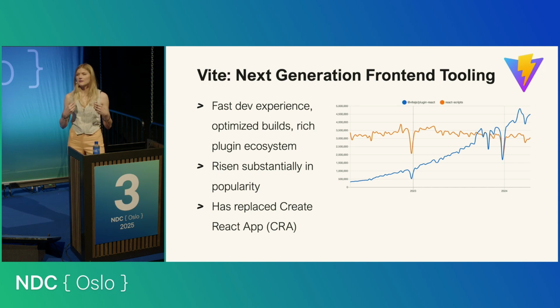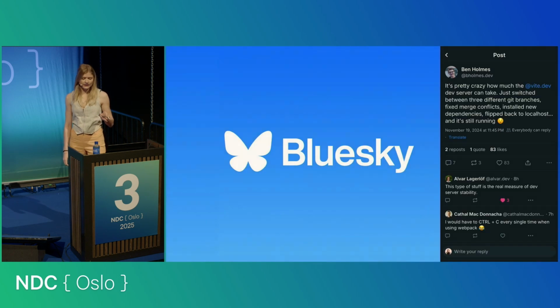And it's risen a lot in popularity in the past and replaced, long ago, Create React App as the most popular and recommended way to make a React app. And actually, Create React App was already unmaintained, but it just got deprecated recently. So yeah, even more relevant now. Vite is really just amazing to use as a developer. It continues to amaze us with how much it can handle.